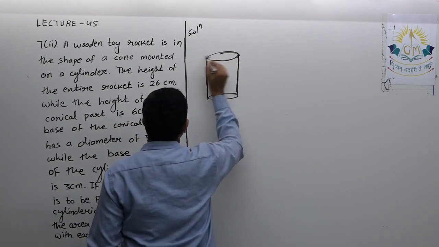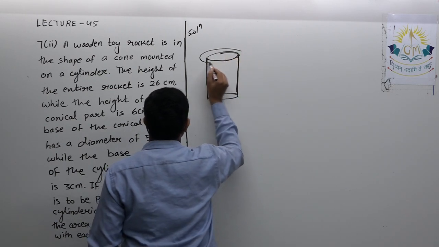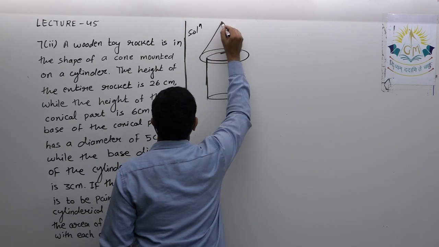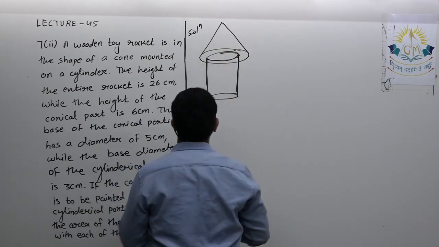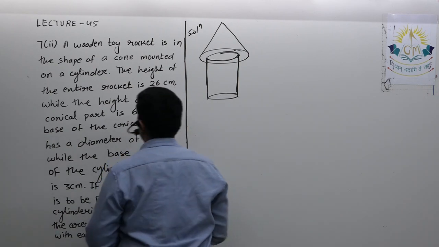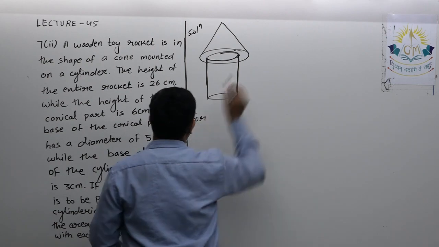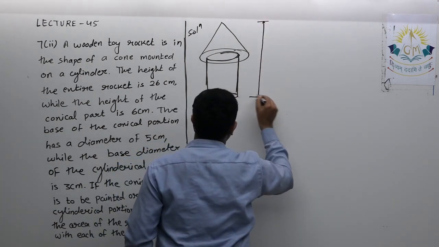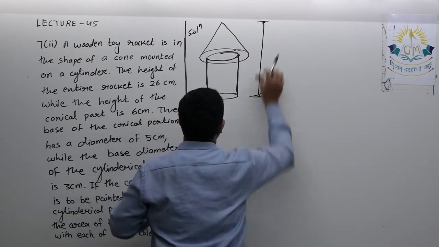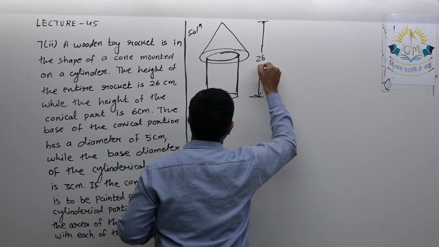That means something like this. Okay, so this is the rocket. Now here, for the total height, the entire height of the rocket, how much is it? It is given 26 centimeter. The total height is 26 centimeter.